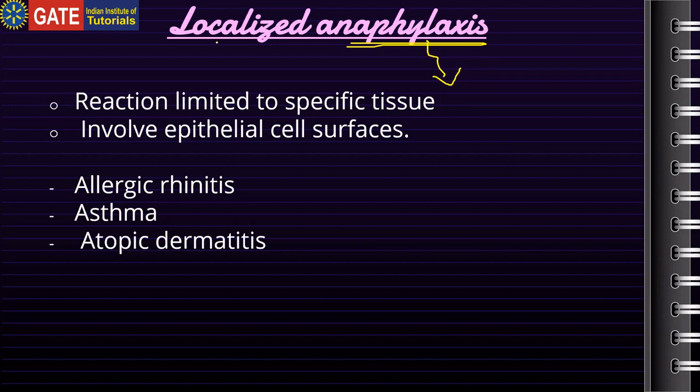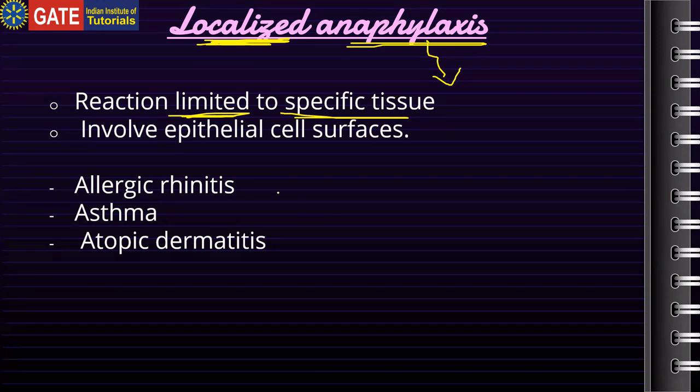Then why are we calling it localized anaphylaxis? Since the name itself indicates, it is not specific to the whole body. This reaction is extremely limited only to the specific tissue. That's why we call it localized anaphylaxis.